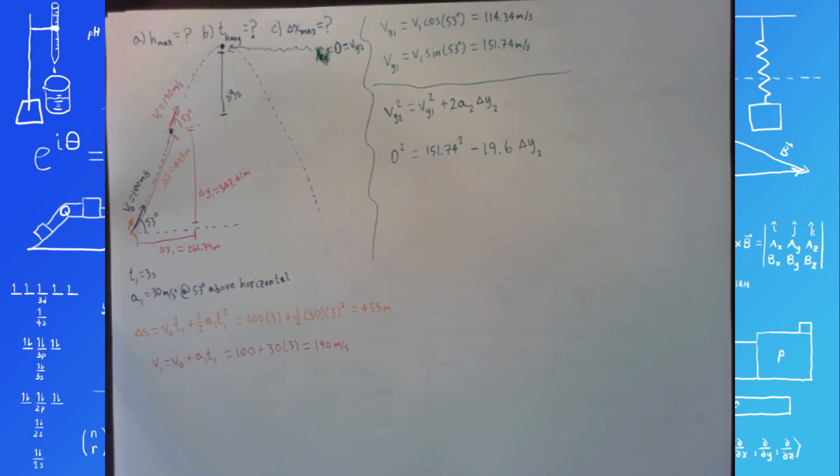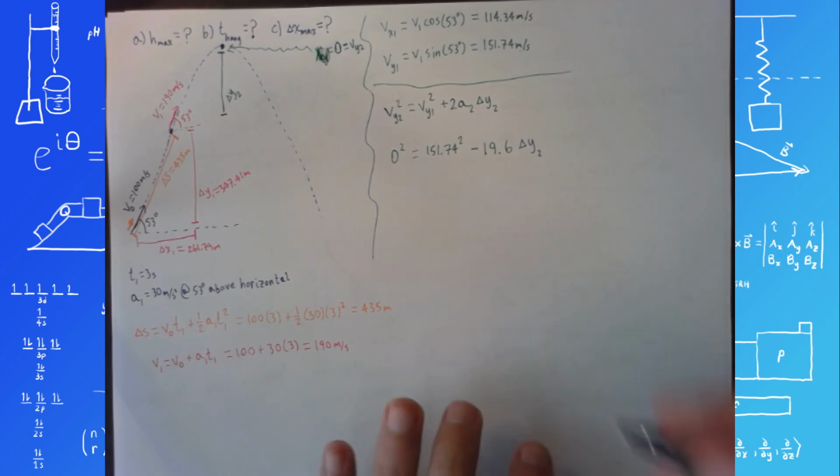Anyway, 151.74 squared divided by 19.6 gives me 1,174.746. I guess I'll round that to 1174.75.